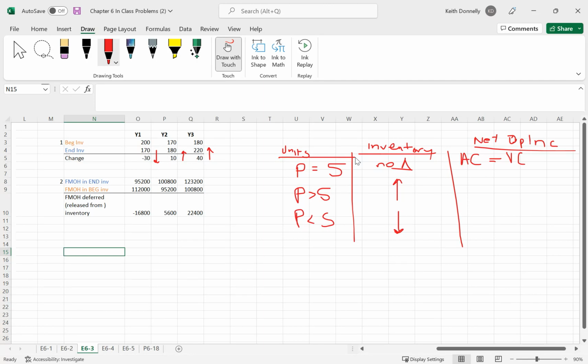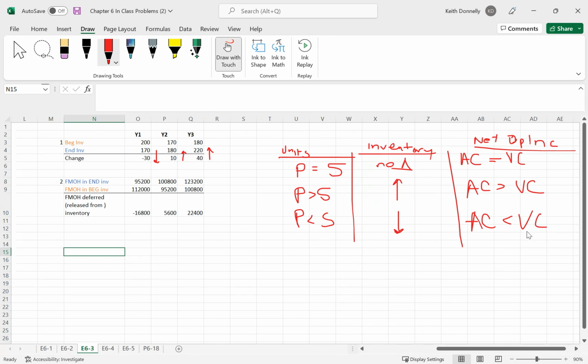In this one, your absorption costing net operating income is going to be greater than your variable costing net operating income. And in this one, your absorption costing is going to be less than.